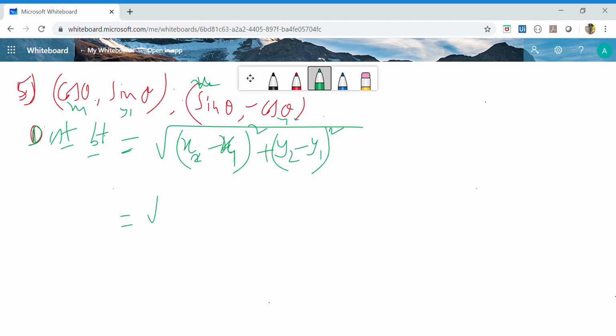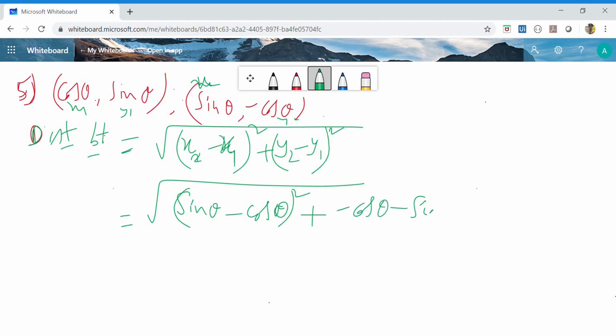So you substitute: (sin theta minus cos theta) whole square plus (minus cos theta minus sin theta) whole square. As you know, minus a minus b whole square can be written as a plus b whole square, because both the terms are negative and square of any negative number is also a positive number.